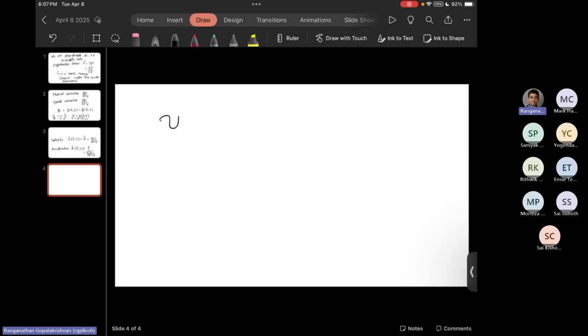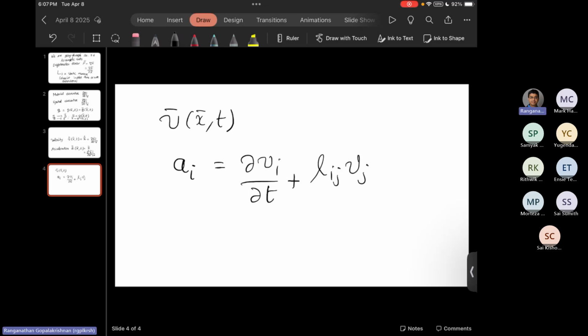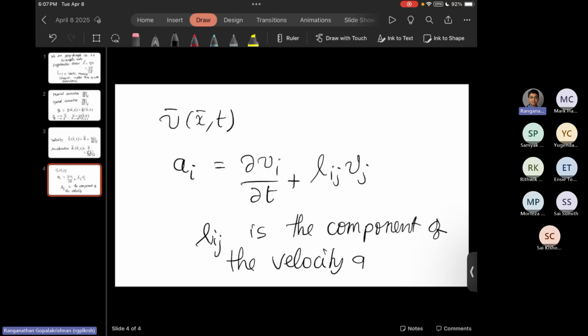If you take the velocity in the spatial form, you can calculate the acceleration: the component of acceleration a_i is partial v_i over partial t plus L_ij times v_j. This L_ij is the component of the velocity gradient tensor, which we can write as L is the gradient of v, which is partial v_j over partial x_i.